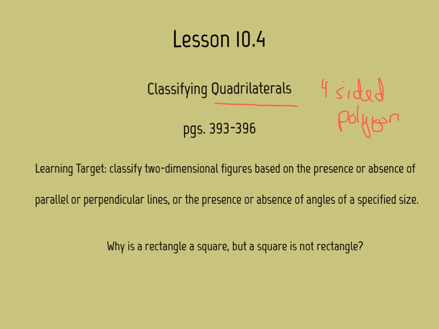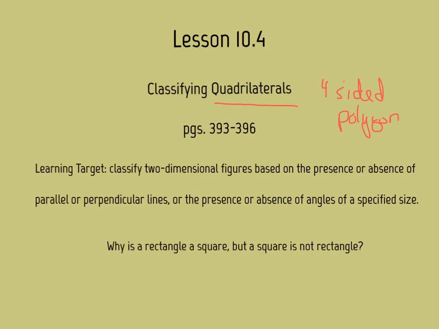And why do we have all these names for them? The reason is because of the types of angles within them and the types of lines that create the shape. So again, we're applying what we know about angles and lines to classifying all of these different four-sided figures.